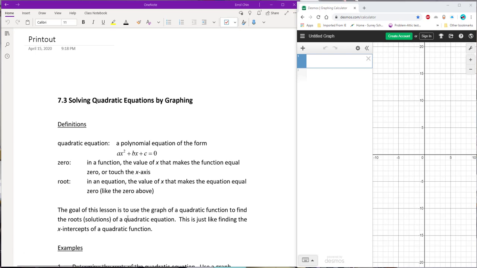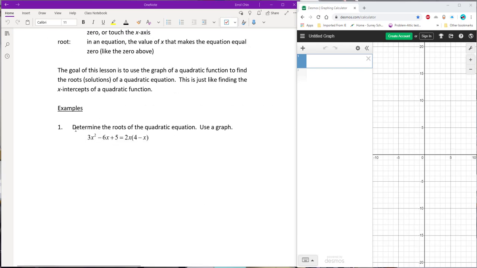It says here the goal of this lesson is to use a graph of a quadratic function to find the roots. So we're trying to find the x-intercepts, we're trying to find the zeros, we're trying to find the roots. Example: can you determine the roots of this quadratic equation? Use a graph. Notice on the right hand side we have Desmos, so all you have to do is key this in.